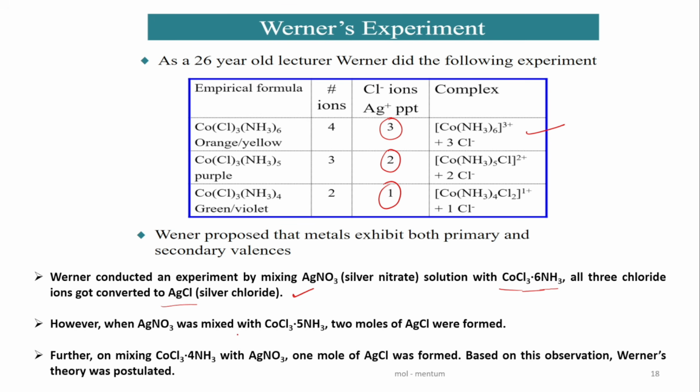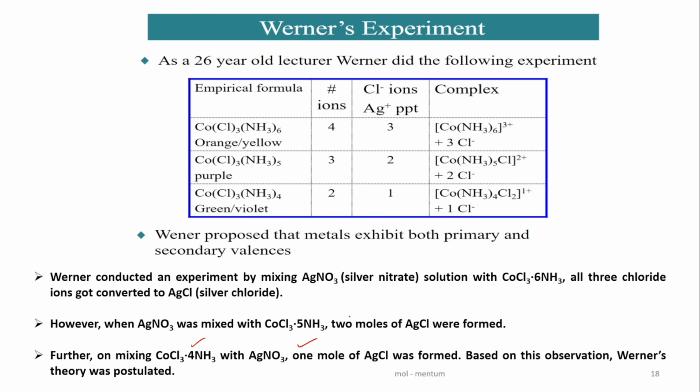However, when AgNO3 was mixed with CoCl3·5NH3, it was 6 before, now it is 5, he got 2 moles of AgCl. So when he decreases the number of ammonia, the AgCl also decreases. Further, when he mixes CoCl3·4NH3, he gets only 1 mole of AgCl.